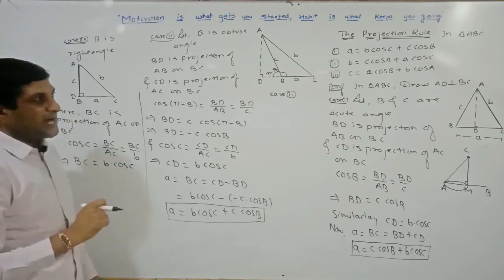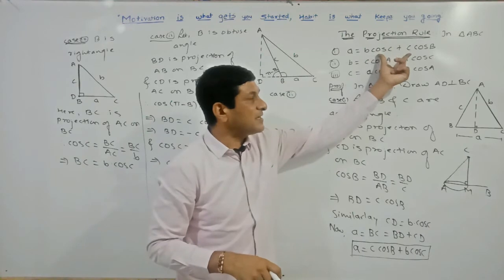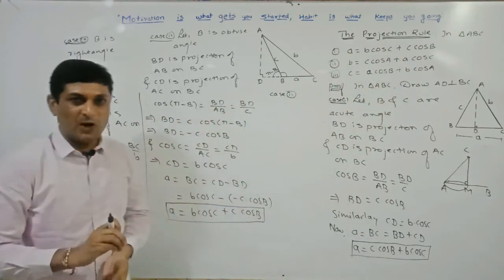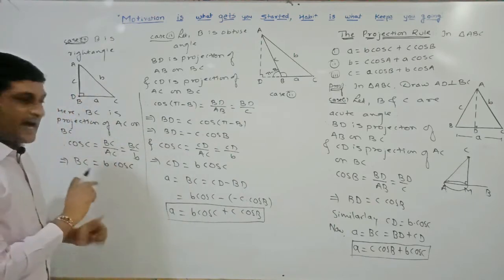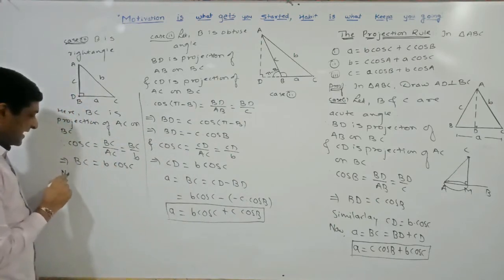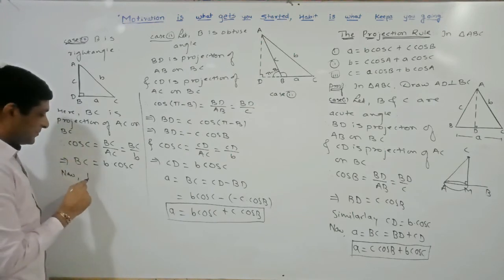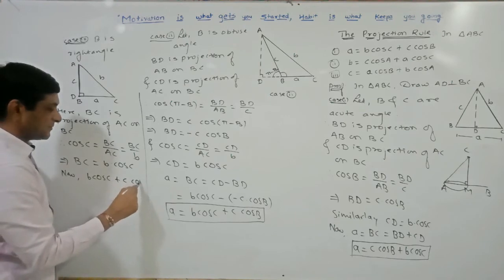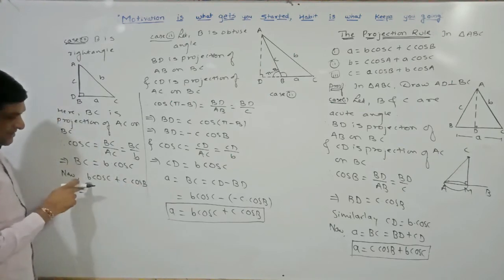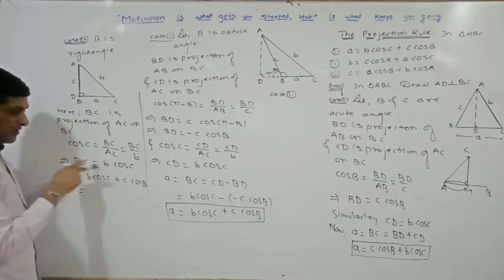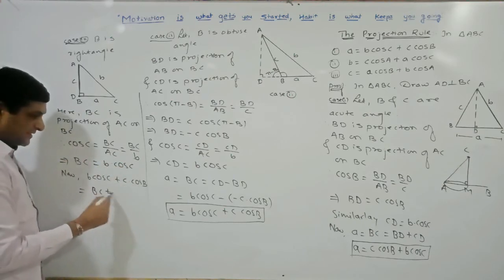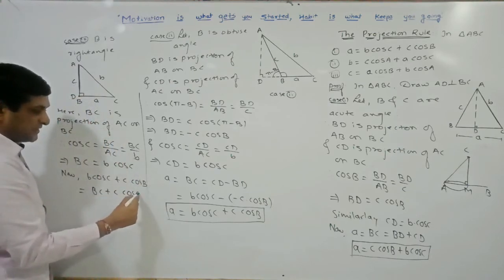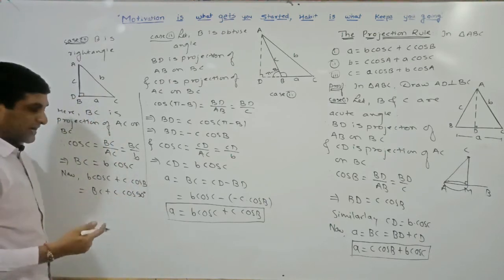Now we are considering the right hand side, and we will try to show that its value is equal to the left hand side, small a. So use this method only in the last case. The right hand side here is b cos C plus c cos B. Already the value of b cos C is known to us, it is BC, plus c into cos B, but B is 90 degrees because this triangle is a right angle triangle.